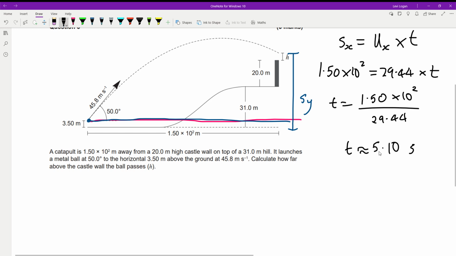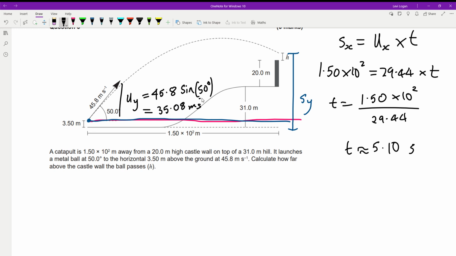So here we've got the time of flight. We've also got the initial vertical velocity, okay? So we also have u of y, which would be 45.8 sine of 50 degrees. Chuck that into your calculator. So 45.8 sine of 50. That should give you about 35.08 meters per second, okay?